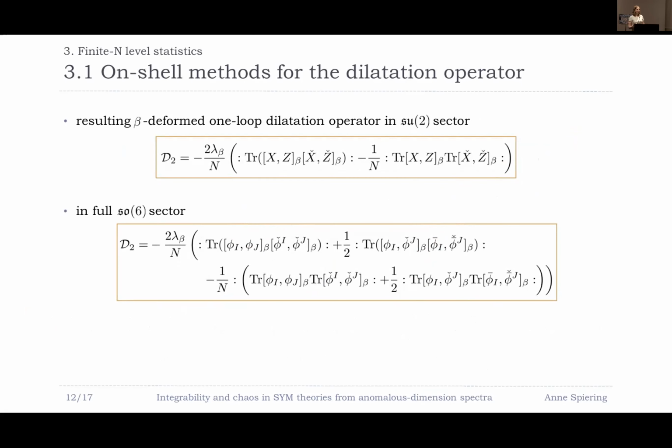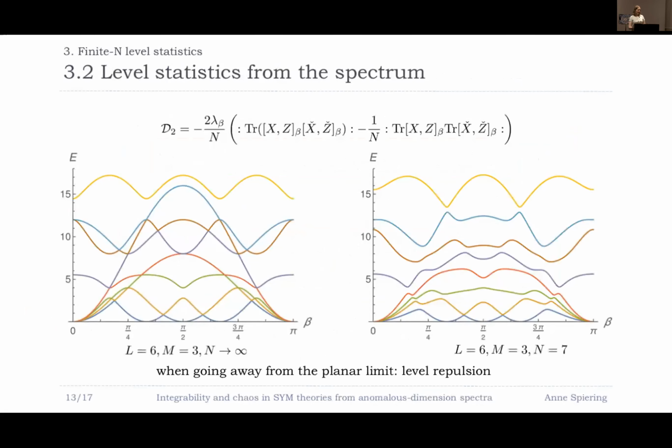Okay, so now that we have the dilatation operator, we can again look at spectra, and also here in the deformed theory, we will have bigger sectors. This is the plot that I already had in the discussion of the planar theory. So here we saw when I turn on beta that degeneracies get lifted and protected operators become unprotected.